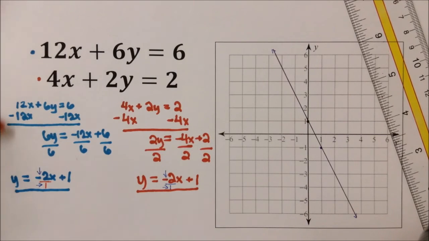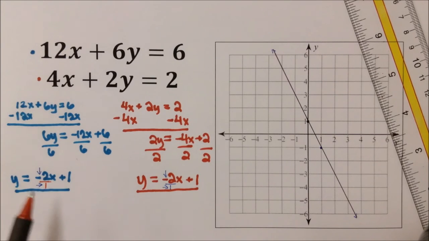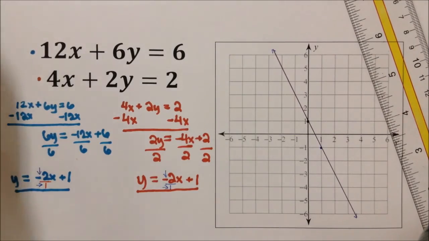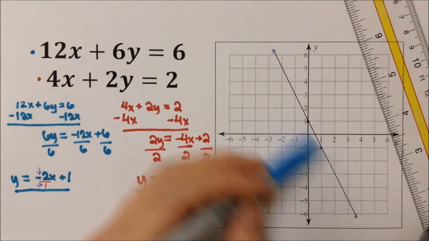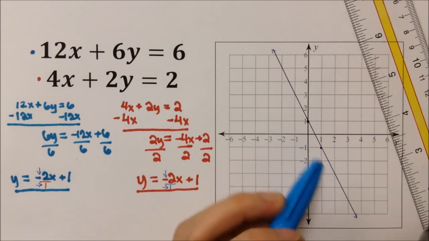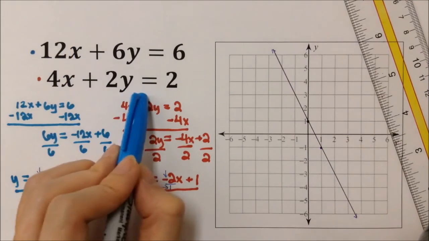So if you have a system of two equations, and when you convert them to slope-intercept form they are exactly the same, which means two lines on top of each other, then the only thing it means is there are multiple solutions to this system. So I can use this x and this y, and it will work for these two equations.